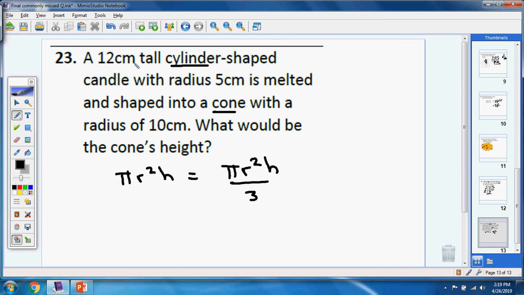The cylinder is 12 centimeters tall, radius of 5. 25 times 12 is what, 300? Let me see. This was a calculator problem. Yeah, so I got 300 pi.